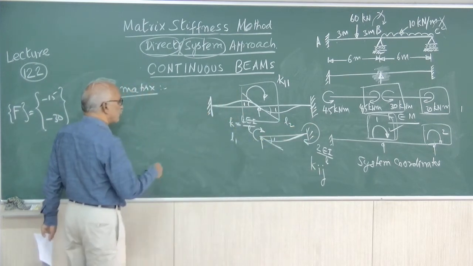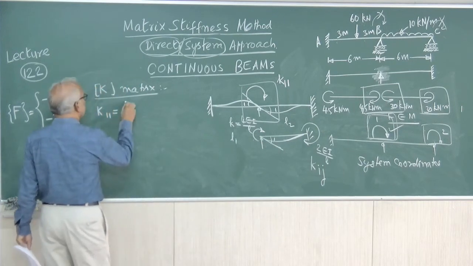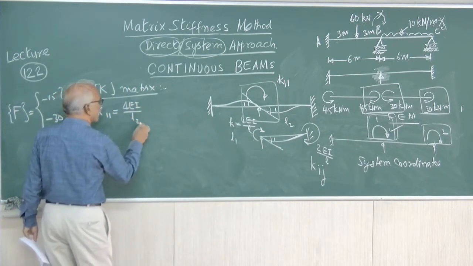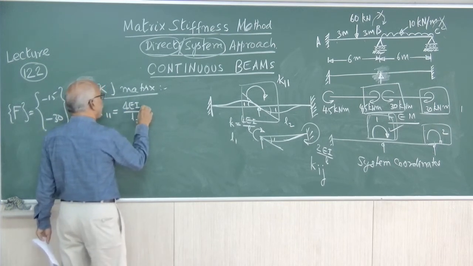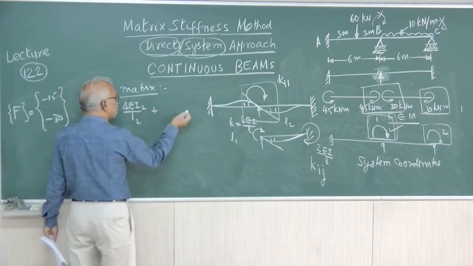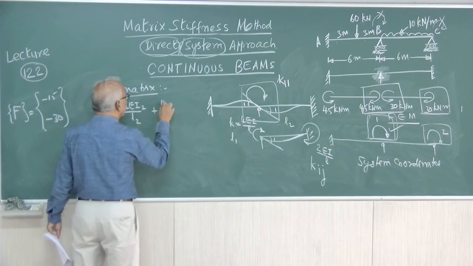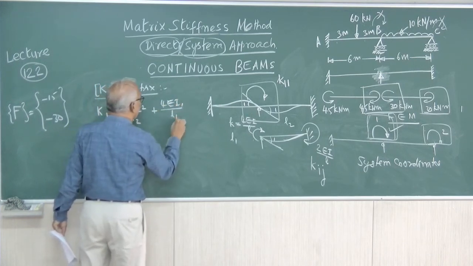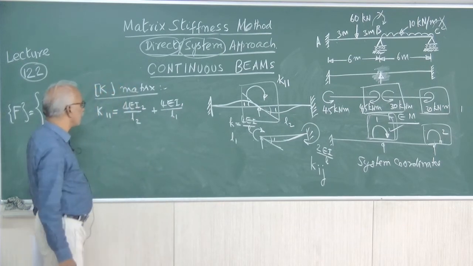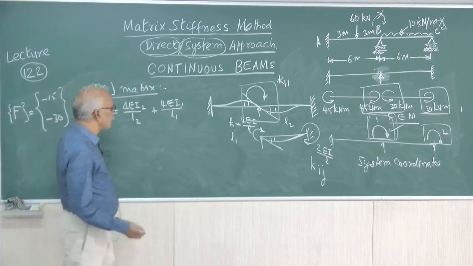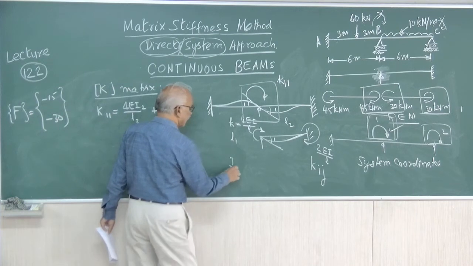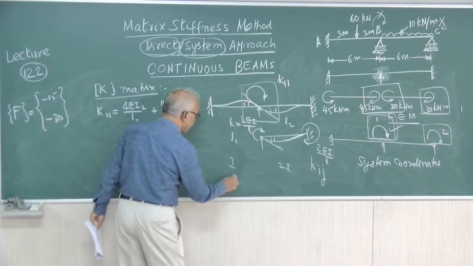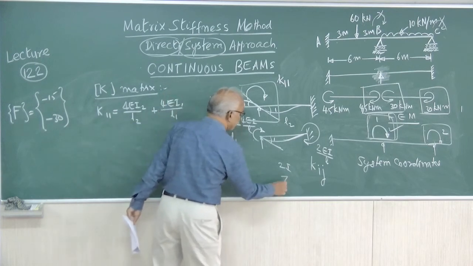For the portion BC it is 4EI2 by L2, plus for the portion BA it is 4EI1 by L1. This may be having I, this may be having 2I, the length of this may be 4 meters, length of this may be 7 meters.